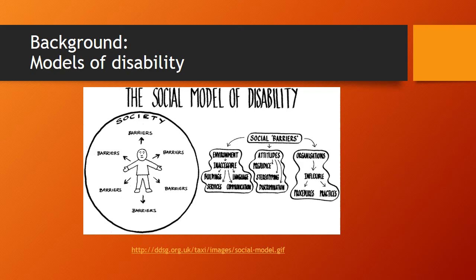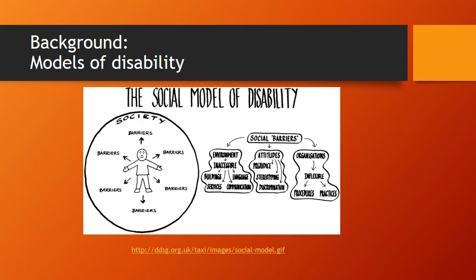You get it. And the barriers are the attitudes, like the idea that a person with disability is not going to be able to do things. The prejudice, the disableism and ableism that someone faces, stereotyping, the discrimination, and organizations creating policies and practices based around a really specific set of identities and abilities and skills and needs.